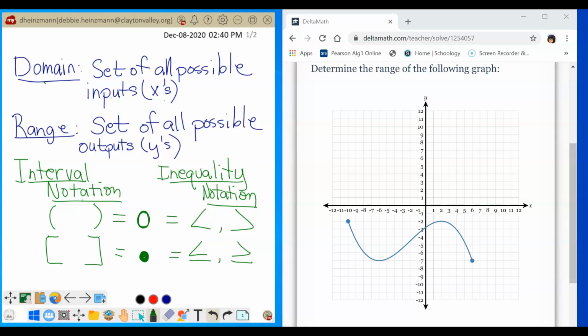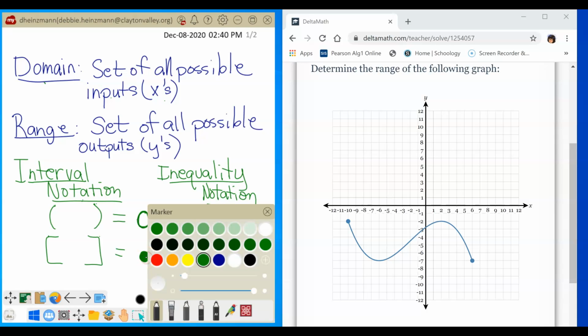So an open circle, we know, means that the number, the value associated with it, is not a part of the solution set to the inequality, that the number in question cannot be one of the solutions that makes the inequality true. You denote that in interval notation with parentheses.